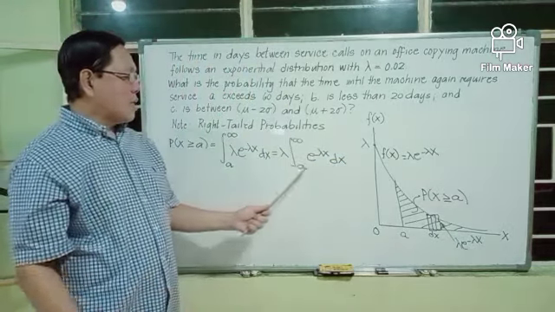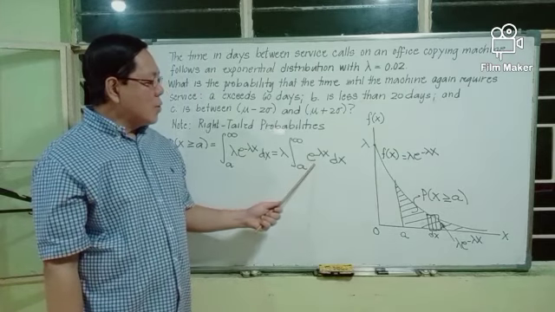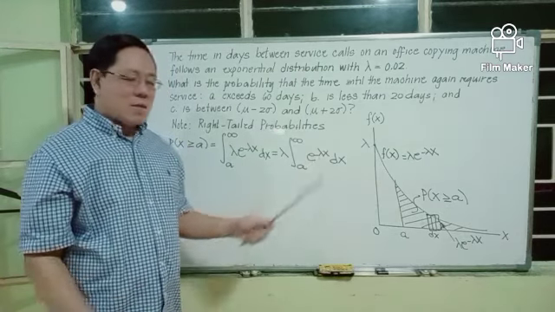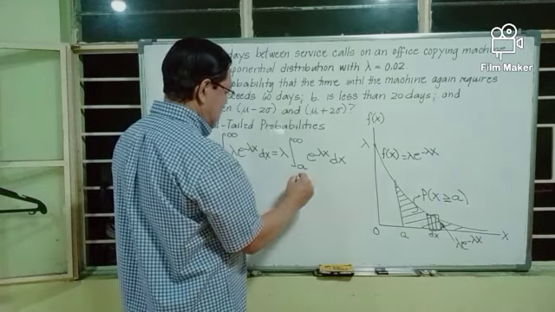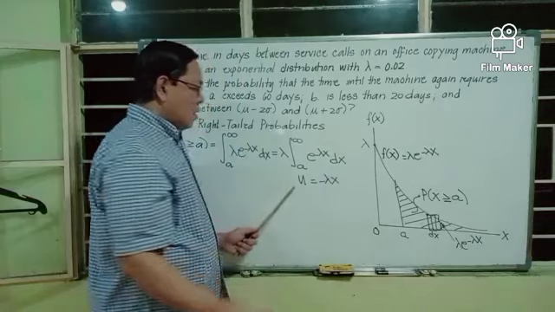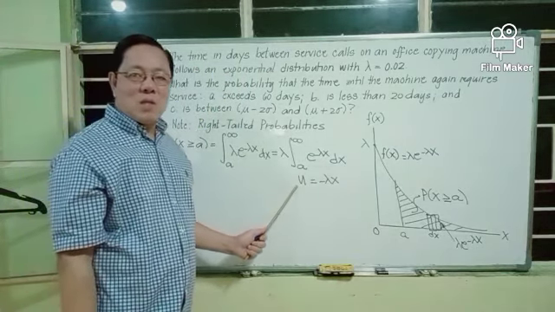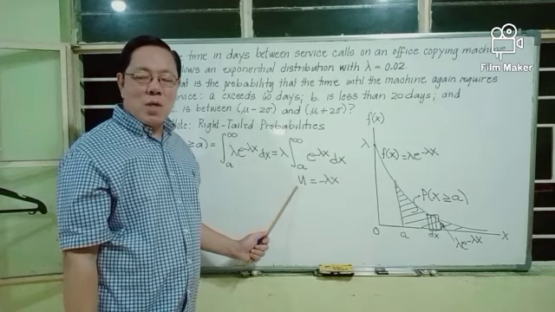And to evaluate this definite integral, we make use of substitution. We let u equals minus lambda x. Differentiating both sides, the derivative of u with respect to u is 1, multiplied by du equals du.